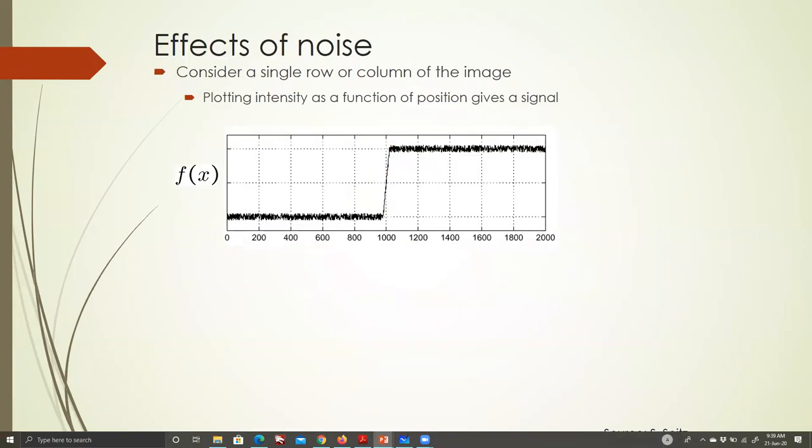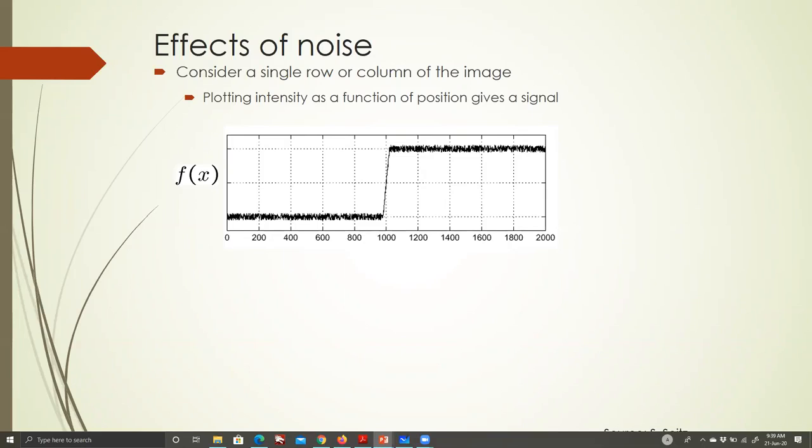Okay. Now what will happen if I put some noise in the picture? Let's say there is an edge over there. So where do you think the edge is right now? Near 1000. Perfect, near 1000, there is a transition.